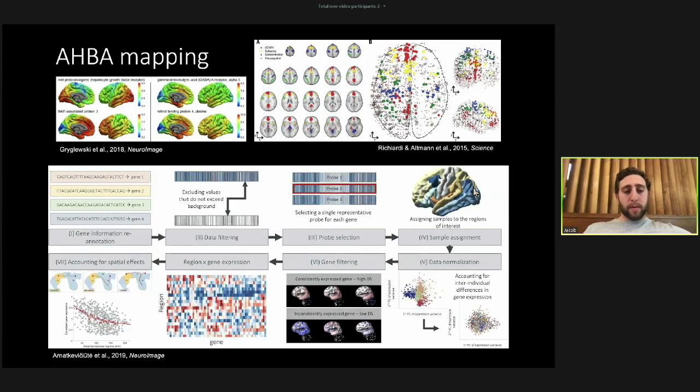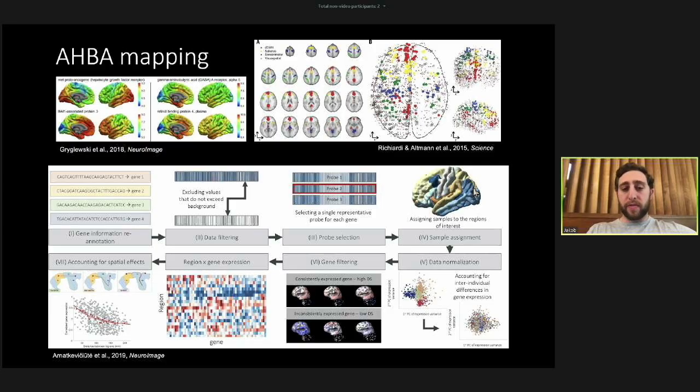And some other recent work has really focused on standardizing these pipelines for mapping the Allen Institute data to a space that's similar to the functional and structural neuroimaging data that we collect, so that we can properly spatially correlate these gene expression maps with maps of functional connectivity and structure that we derive from the in vivo neuroimaging.